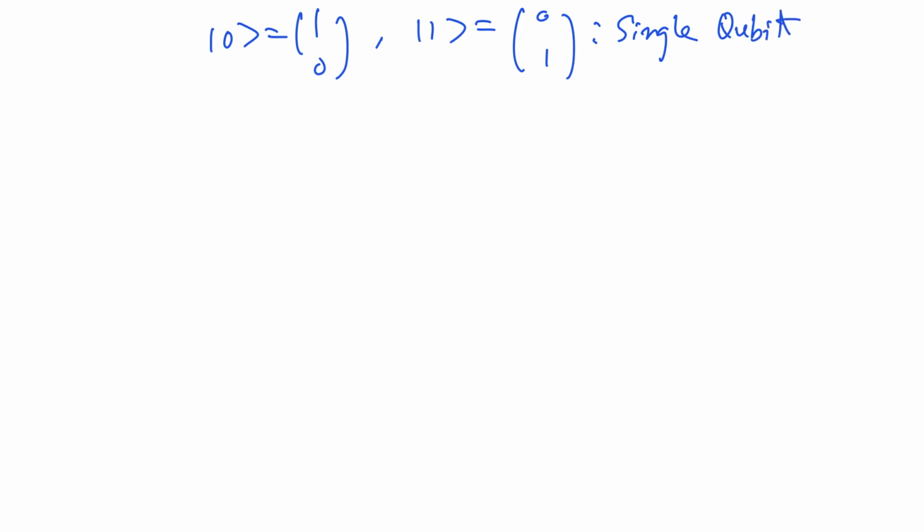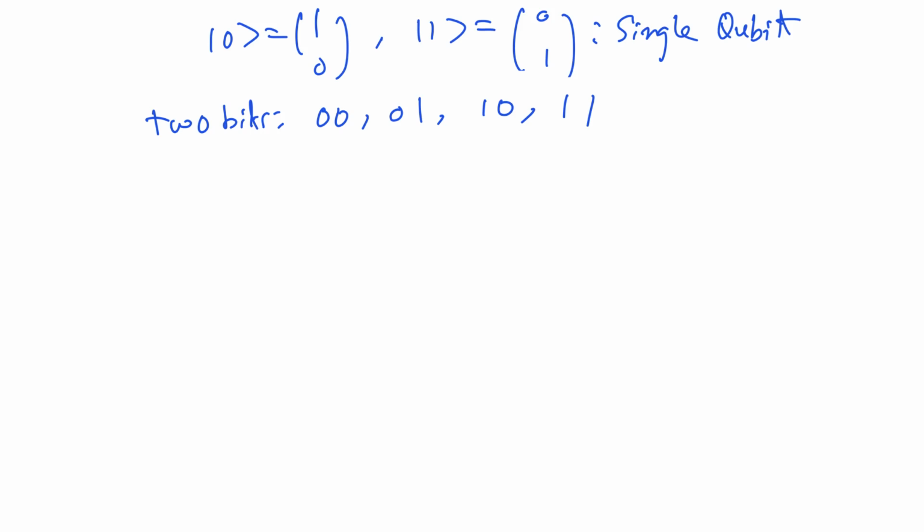So it corresponds to single bits. So there must be 2 bits, right? We have 0 0, 0 1, 1 0, 1 1, right?